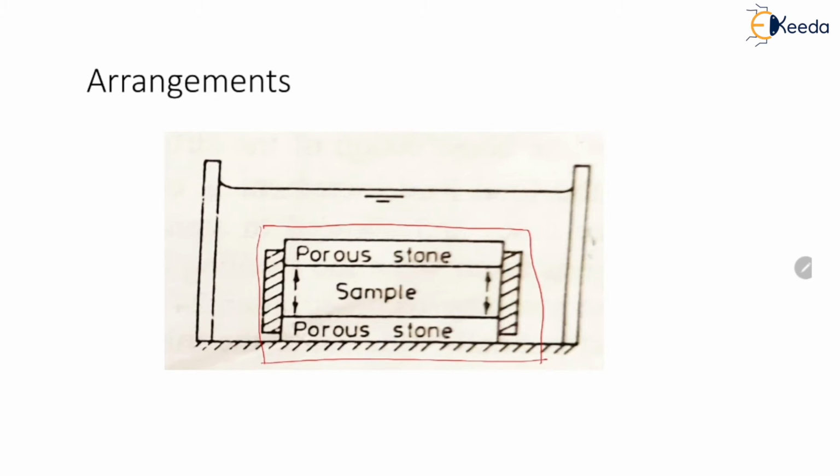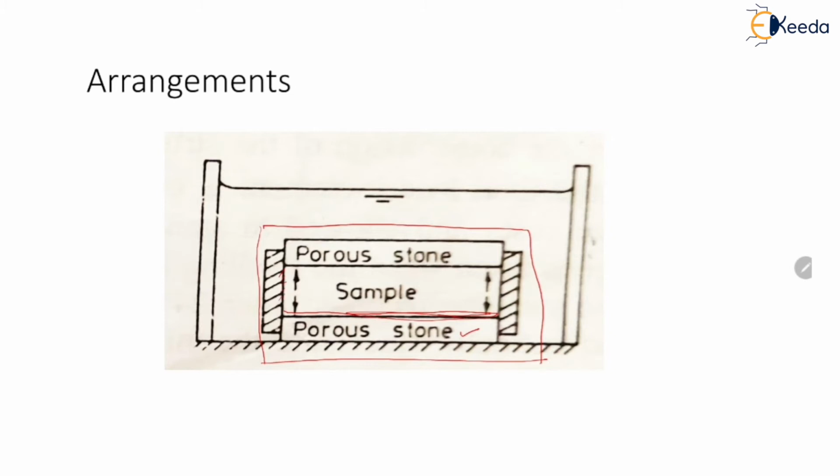In this consolidation cell, a bottom porous stone is placed first, and at the top of it a filter paper is placed. On that filter paper, a ring containing the soil sample is placed. The thickness of this sample should be as small as possible so that the side friction between the ring and sample is minimum.